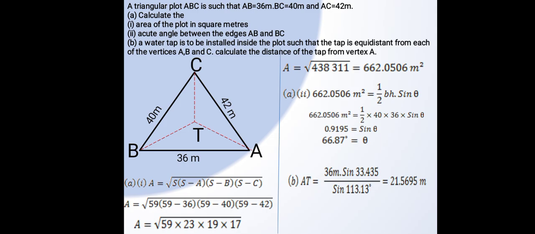We shall use the sine rule to get 6 meters over sine 33.43 is equal to AT all over sine 113.33, which is equal to 21.5695.